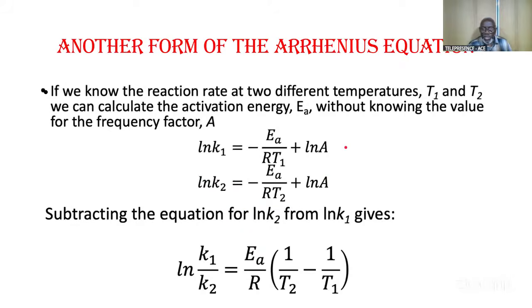Now, if we subtract this equation from this equation, what we will have is K1 over K2, equals Ea over R, times this, T1, T2 over this one. This is what we'll get if we subtract this one from this one, that is ln K1 minus ln K2.